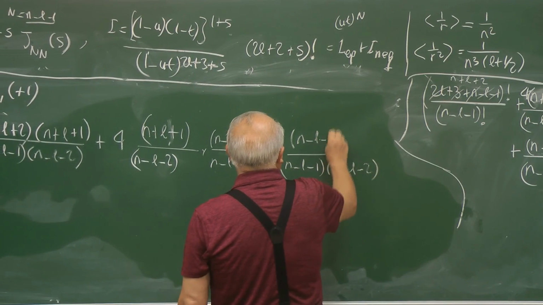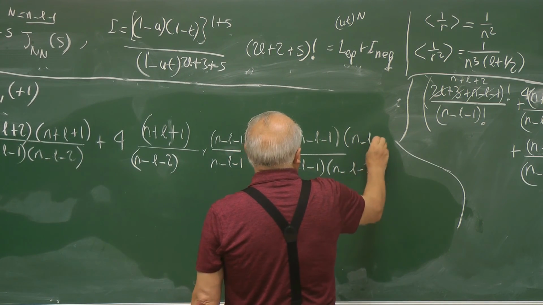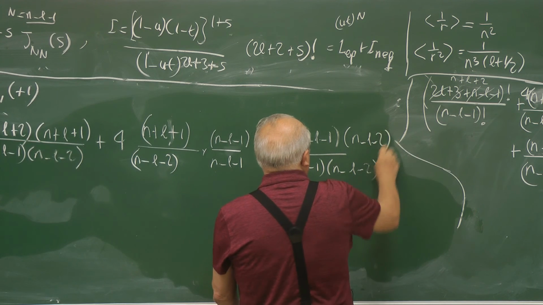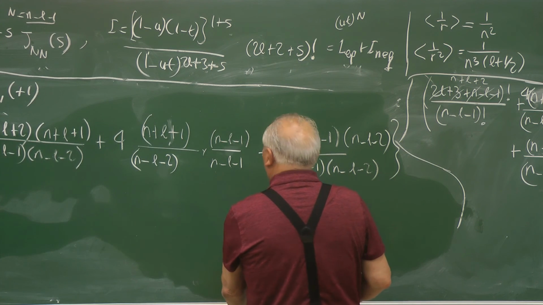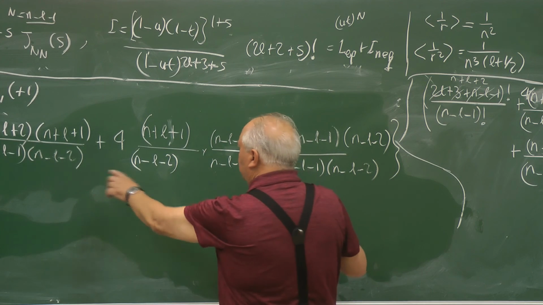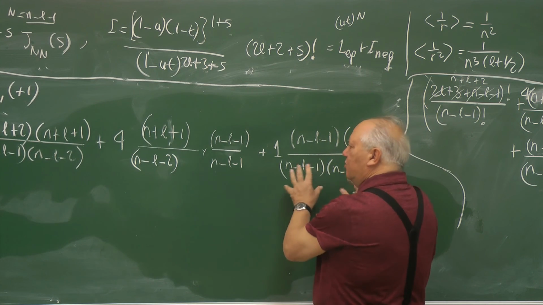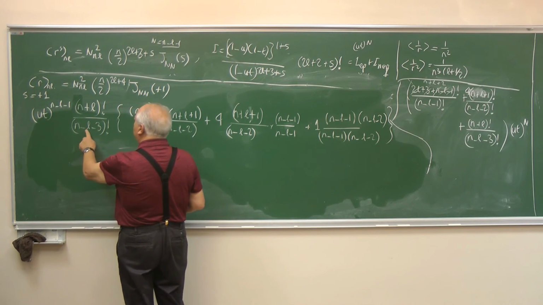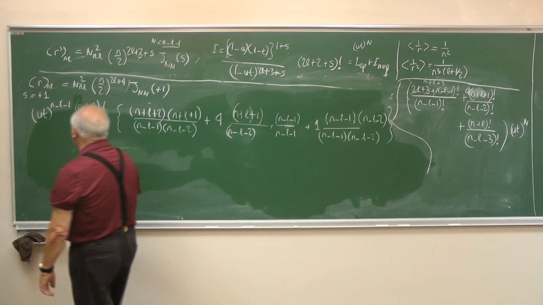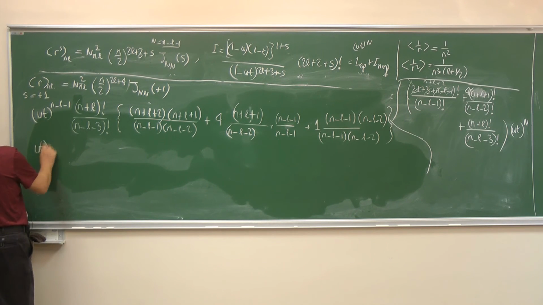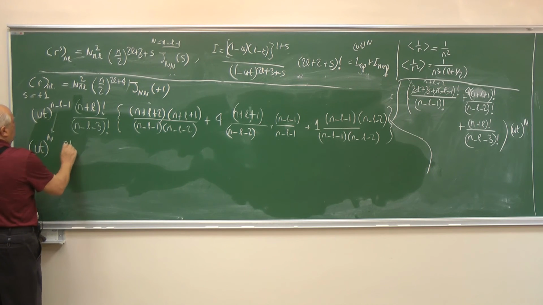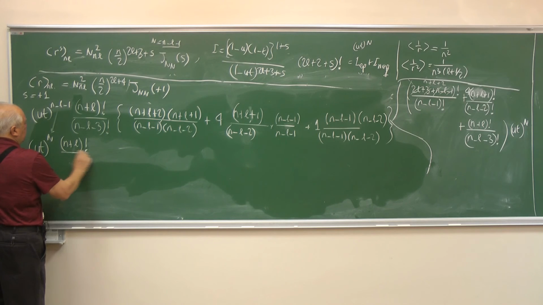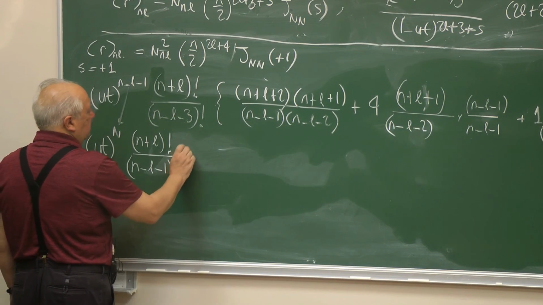The denominators are the same, so we can take it out and combine it to here. So it becomes n minus L minus 1 factorial. So, in short, let me call this n, which is just n plus L factorial divided by n minus L minus 1 factorial times.